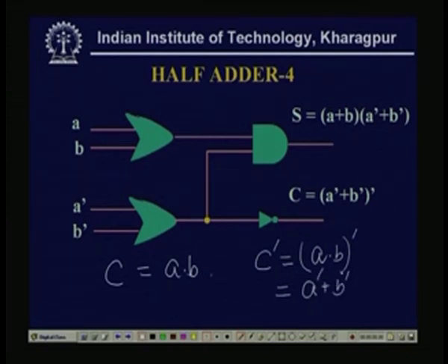So, that thing we have done, that C equals A dash plus B dash. See here what happened: only 2 OR gates, 1 AND gate, 1 inverter. That means mainly these basic gates AND, OR and NOT we are utilizing, and only the numbers of OR or AND gates are varying.